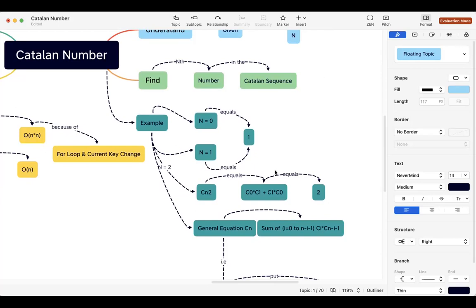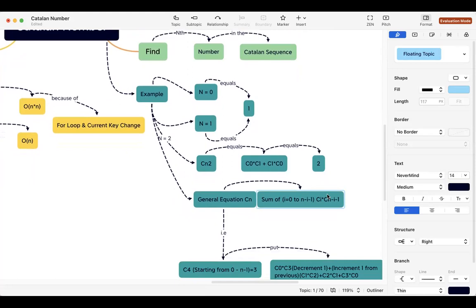We know Catalan number 0 is 1 and Catalan number 1 is 1, so 1 into 1 becomes 1, plus 1 into 1 which is also 1. So 1 plus 1 becomes 2. Is it clear till here? Chetan? Yes. Okay.